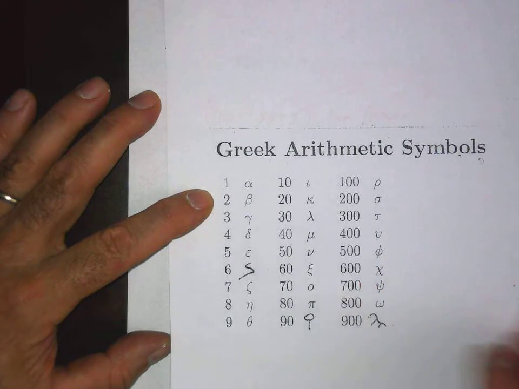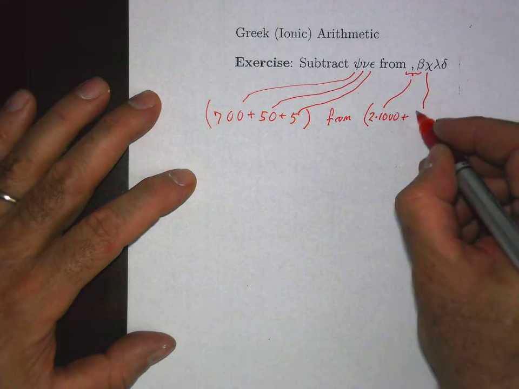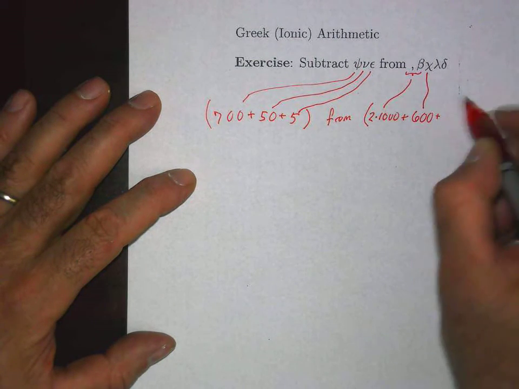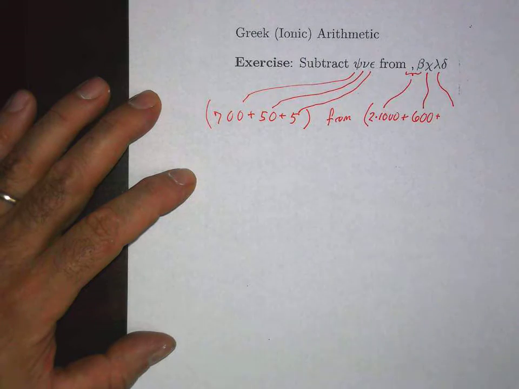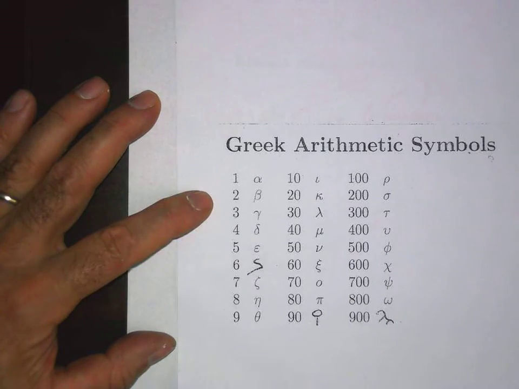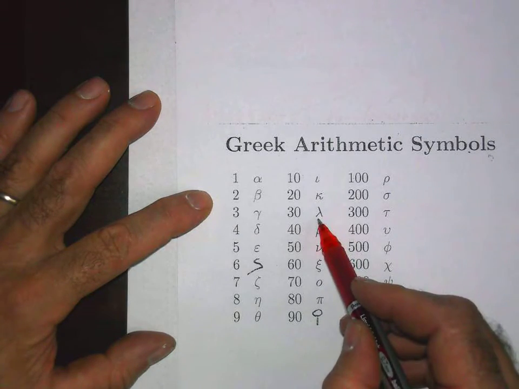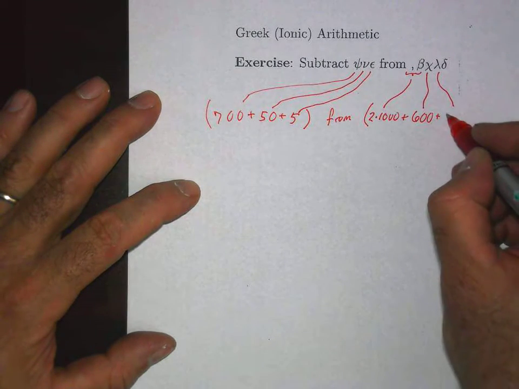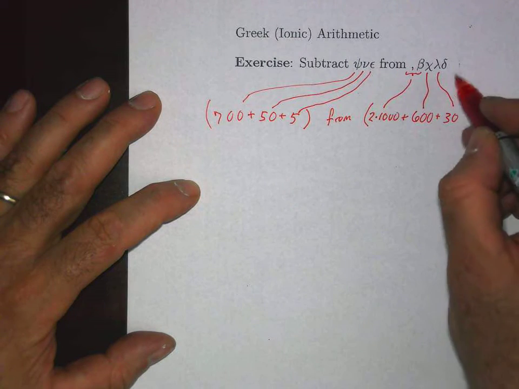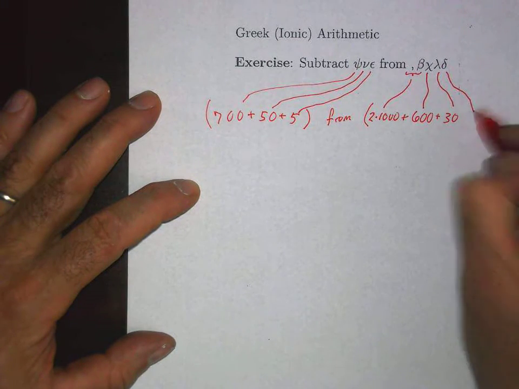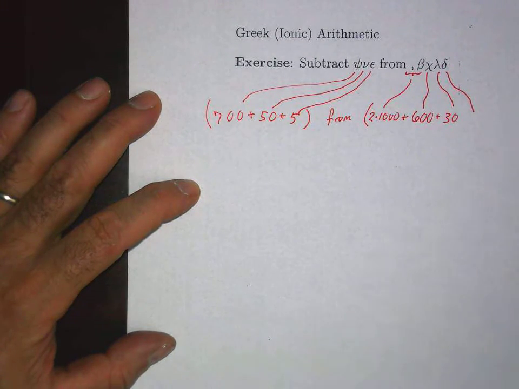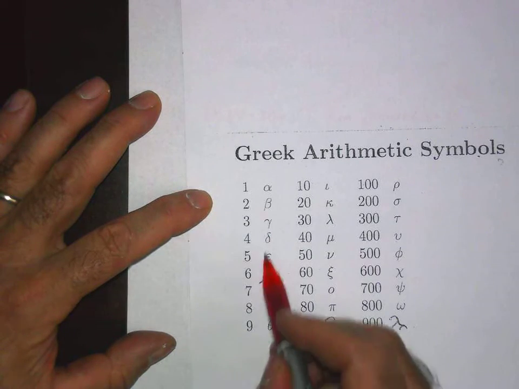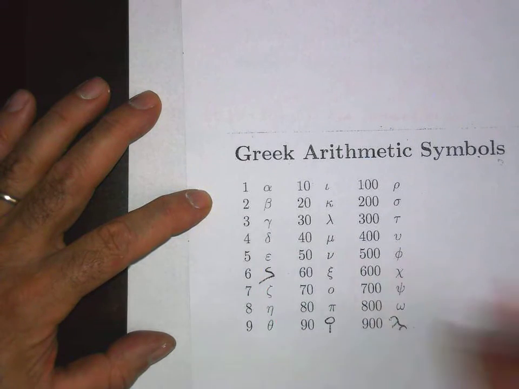Chi is 600. And now lambda. Let's see. Lambda is 30. And then delta. Delta is 4.